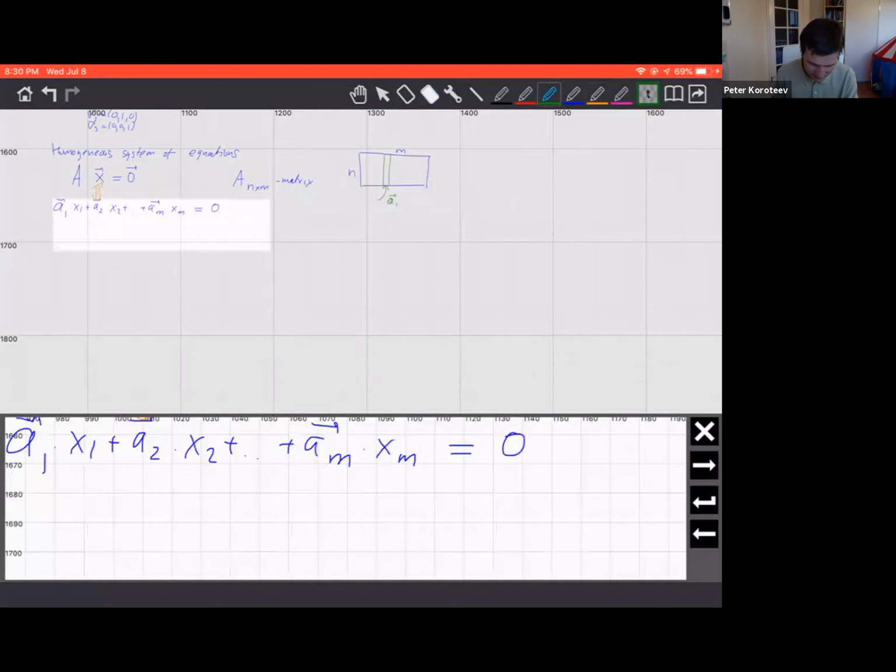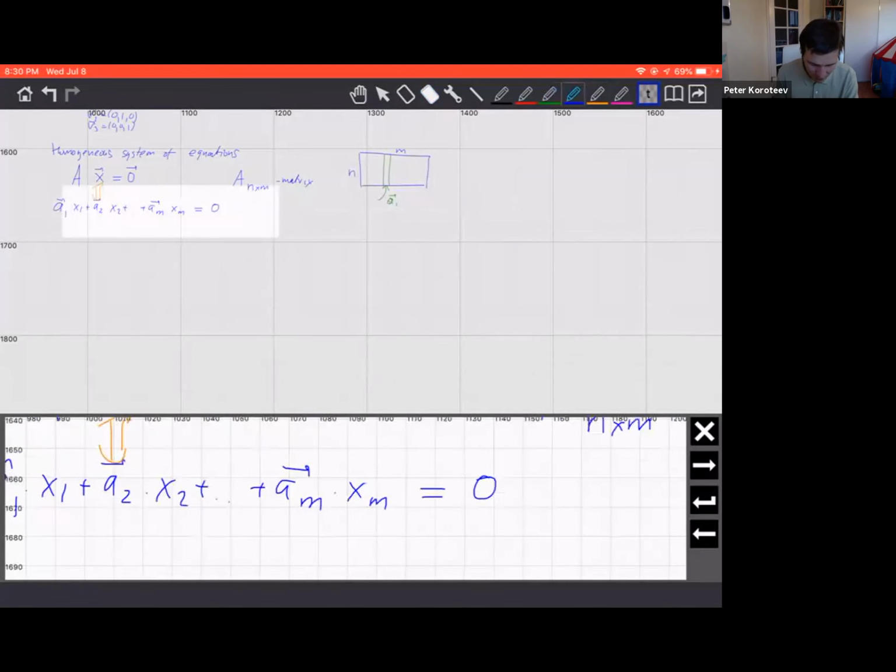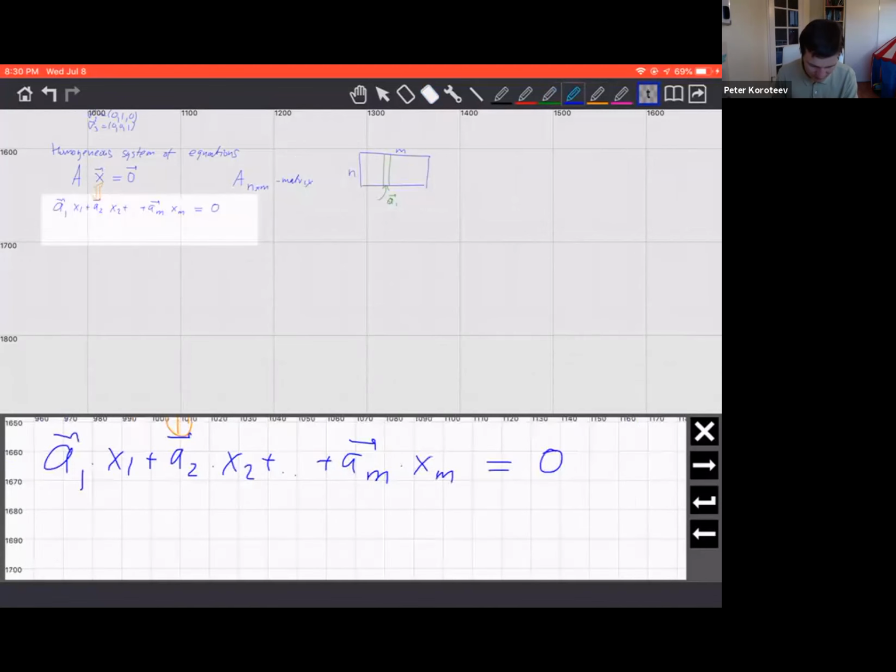And then the linear combination should be equal to 0. As we discussed last time, we can always find a trivial linear combination. If all the x's are 0, if x1 through xm are equal to 0, then the left-hand side is trivially 0, and the equation is satisfied.